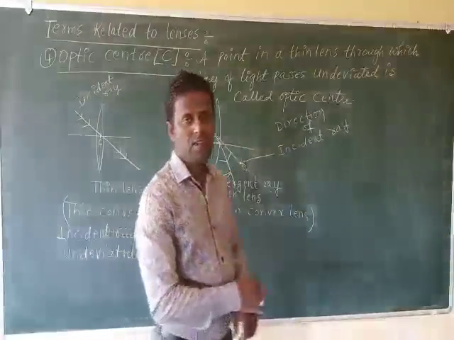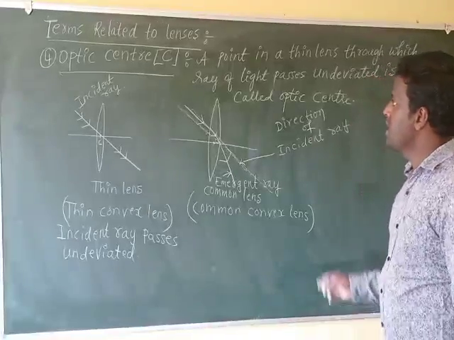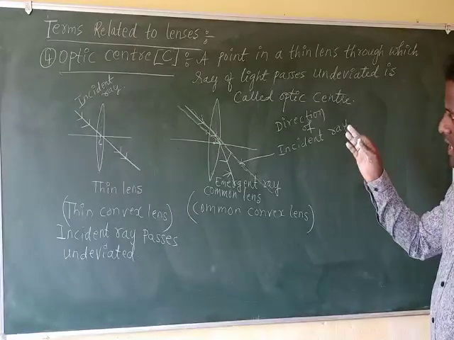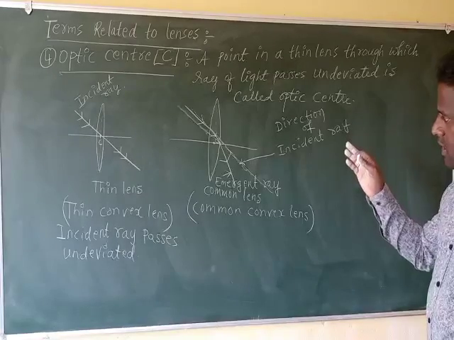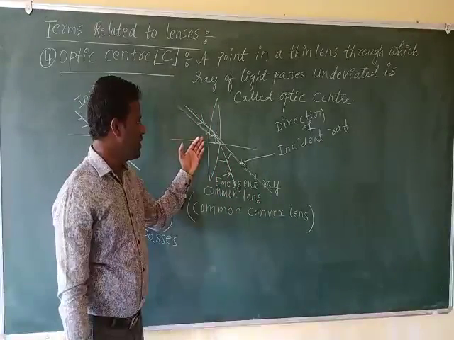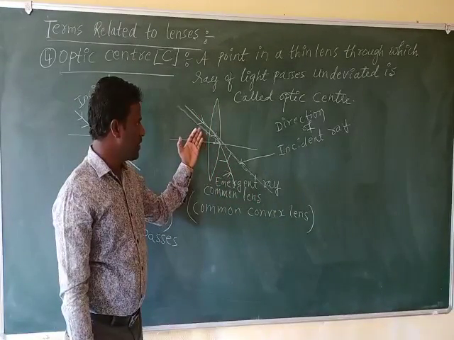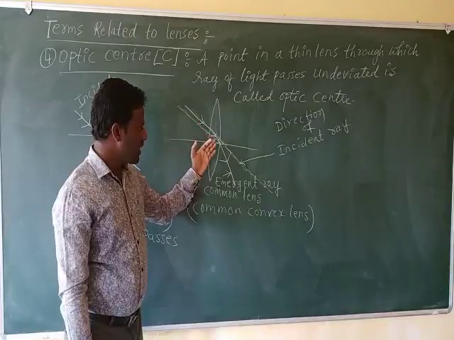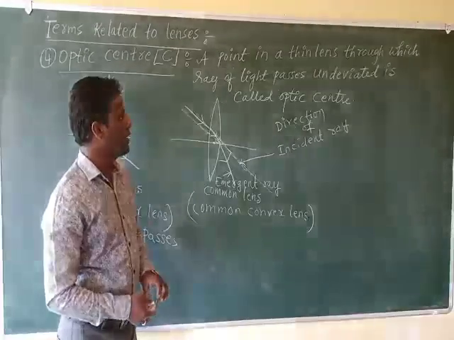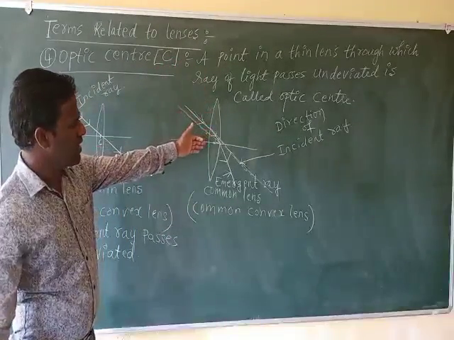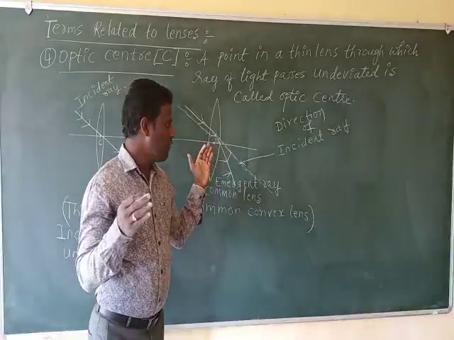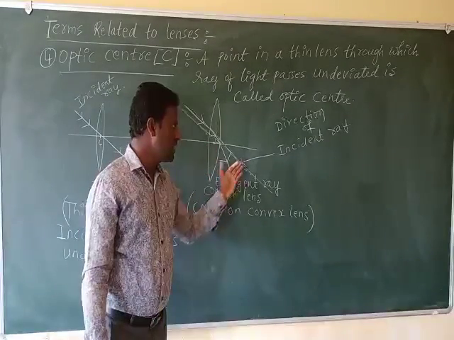So how do you define the optic center in a common convex lens? Optic center is defined as the point in a lens through which a ray of light passes, and after refraction the emergent ray is parallel to the direction of the incident ray.